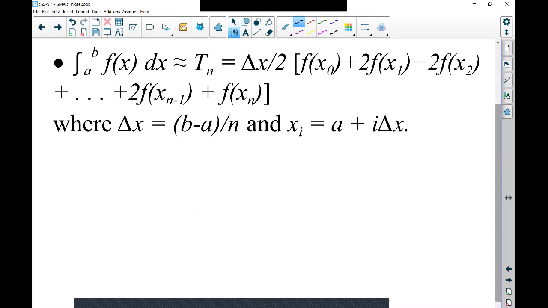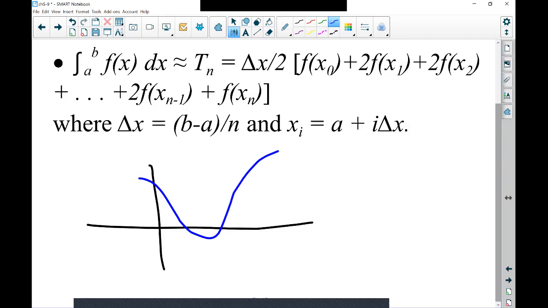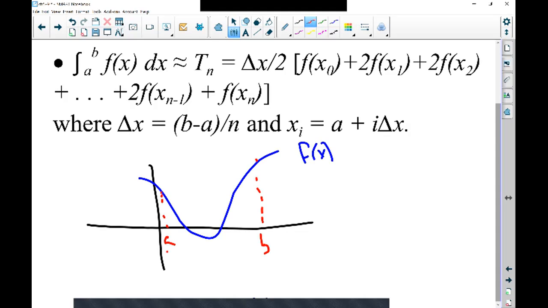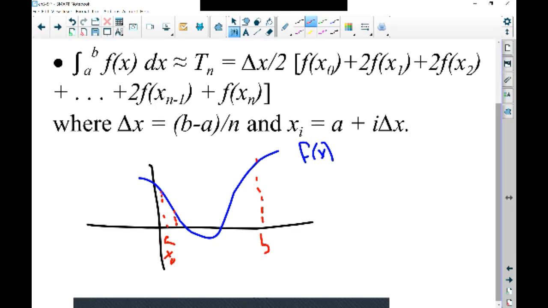So basically, what we're doing here, if we have a function, that's going to be my f of x, and maybe a is here and b is here. And so a is also our x sub 0, my x sub 1, and over here maybe it's my x sub 2.